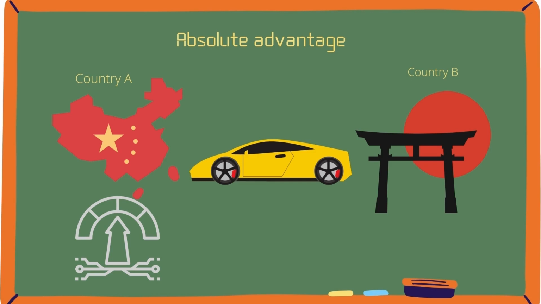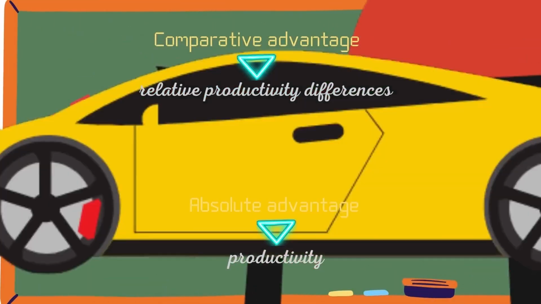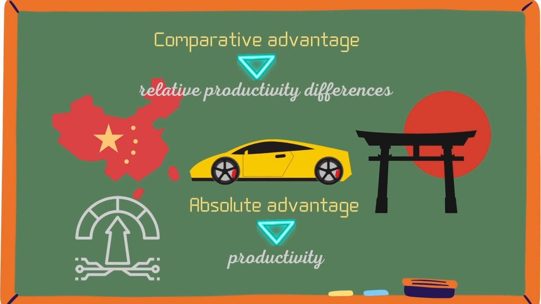So, like in this example, if country A is China and country B is Japan, the labor force becomes more skilled by doing the same task because they do it every day, so they are more efficient and they can work faster to produce more cars to sell in the market.